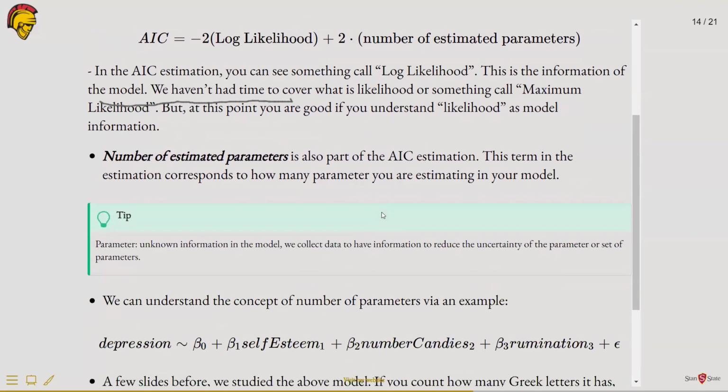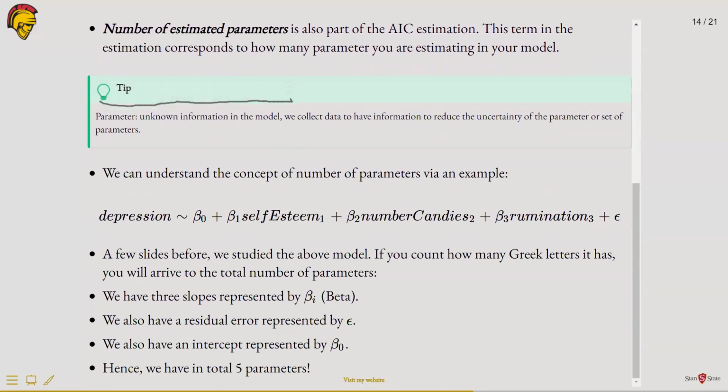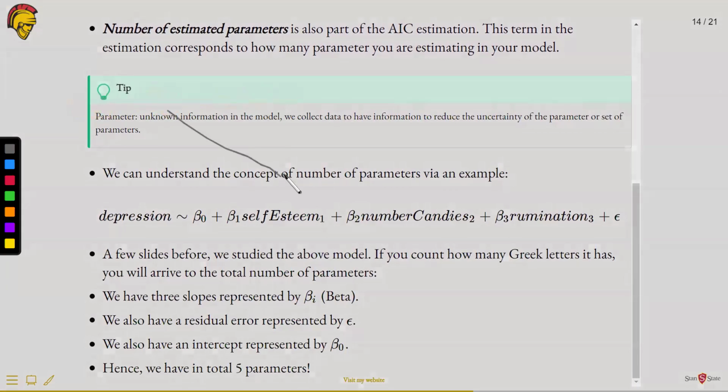So let's see an example here. Let's check this model again, right? The same model that I estimated before. Self-esteem, number of candies, and rumination as predictors of depression, and my intercept right here.